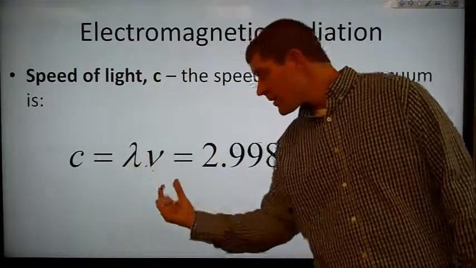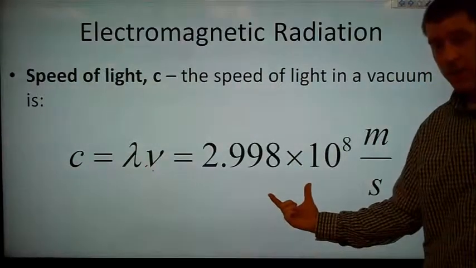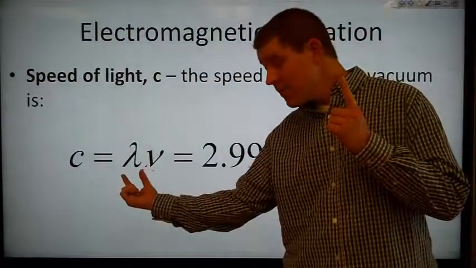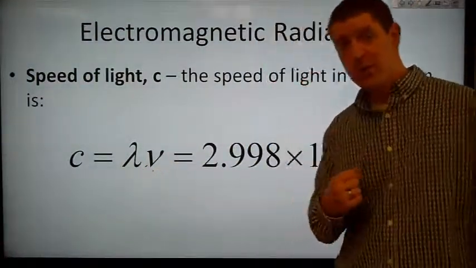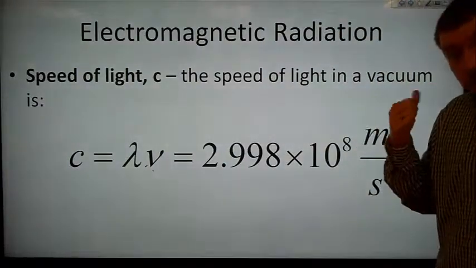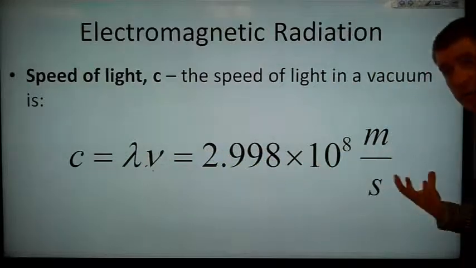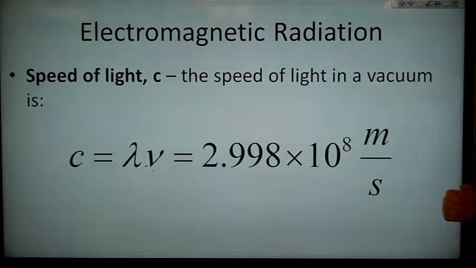So that's the wavelength times the frequency. That is equal to a constant value. Which means that as the frequency gets higher, the wavelength has to go down in order to keep the product of those two constant. That's what we saw in those two diagrams, right? As we move to higher frequencies, we got higher in energy, but lower in wavelength, shorter wavelengths.